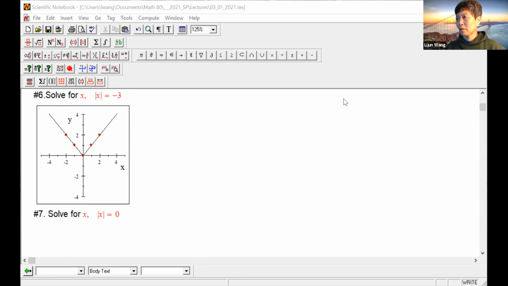So what's your answer to number 6? We want the output to be -3. What input will make that happen? We want the output to be 0. What input will make it happen?